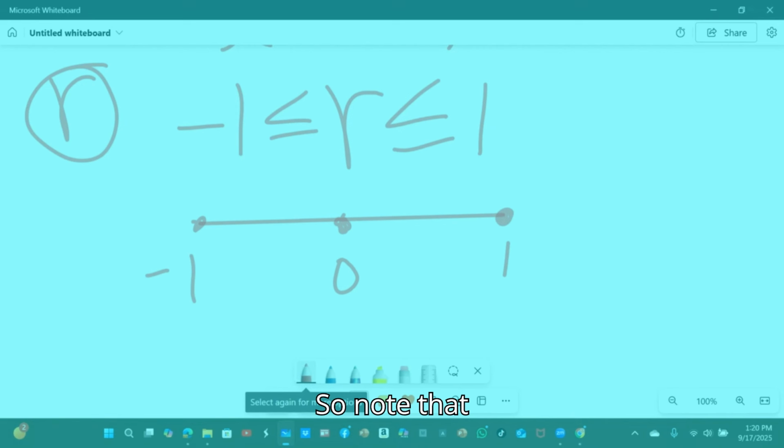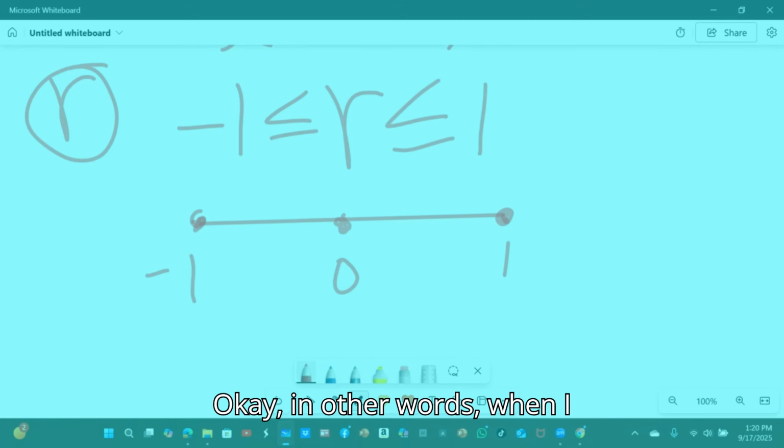Okay, so note that the coefficient of correlation ranges from -1 to 1. In other words, it cannot be -1.2, neither can it be 1.2. So the range of the coefficient of correlation is from -1 to 1.